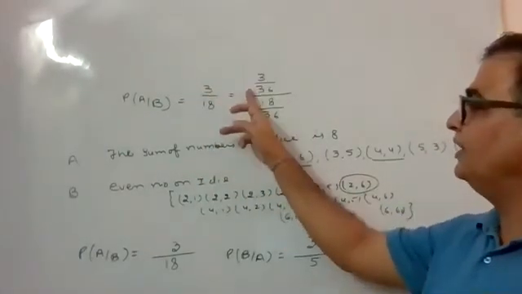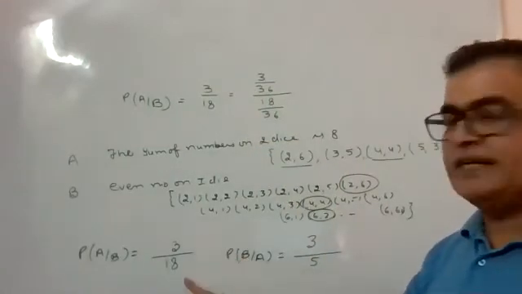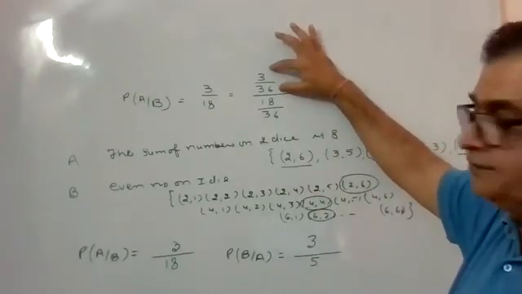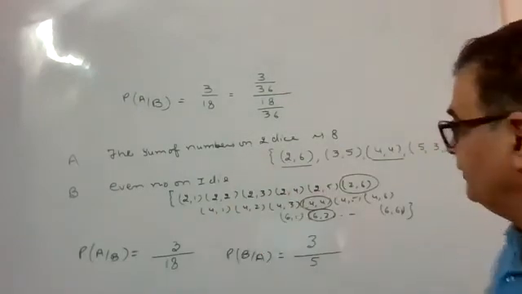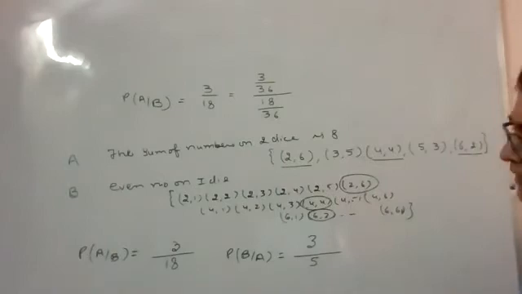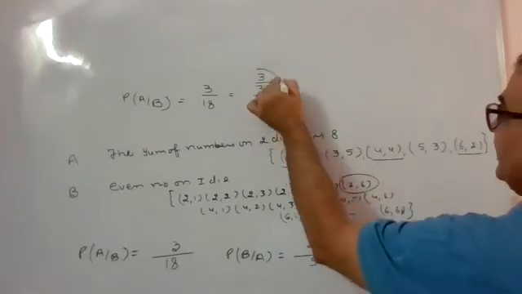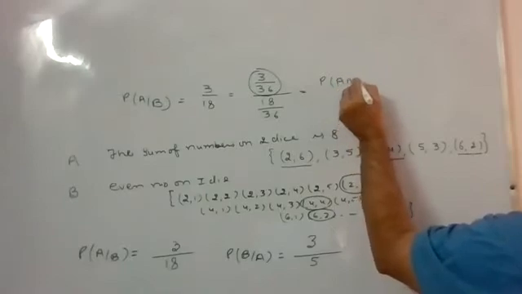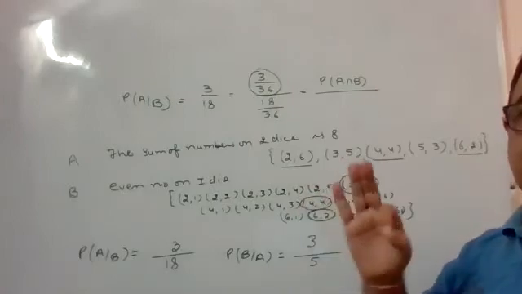Out of that, 3 by 36 or 18 by 36 I can write. 3 by 36 क्या देता है आपको? वो केस देता है जिसमें कि ये दोनों कंडीशन एक साथ फुलफिल हो रही है: 4 4, 2 6, 6 2. Sum is 8 and even number on first die. तो ये आपको क्या दे रहा है? एक्चुअली ये पूरा मिला के this is giving probability of happening of A and B. So P A intersection B. So the numerator is saying P A intersection B.